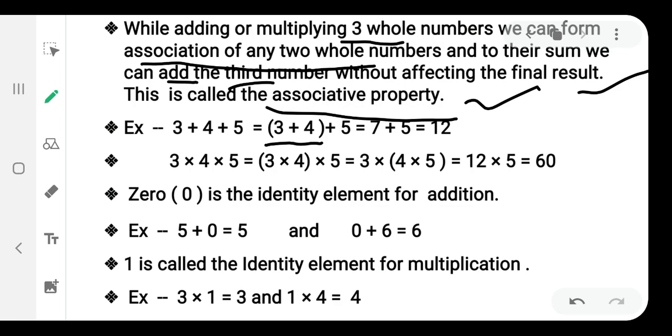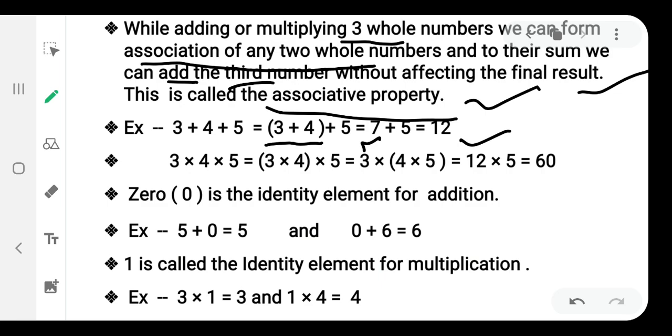So on doing this, it will be easier for me to add these two numbers and then add the third number later on. Like 3 plus 4 is 7 and then plus 5. So 7 plus 5 will be 12.